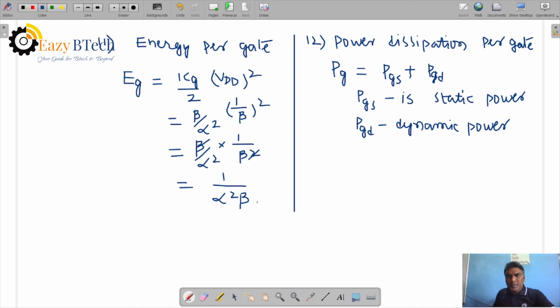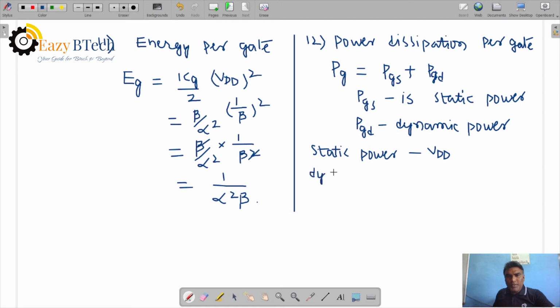Static power is a constant power. Static power is nothing but VDD, a constant power that can be applied. So it is called static power.